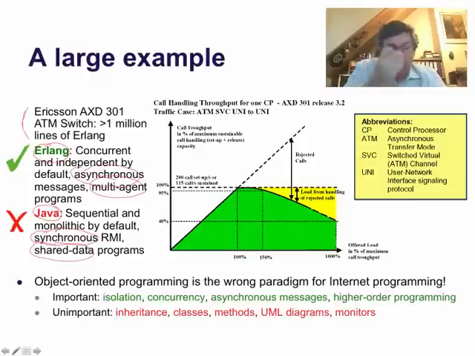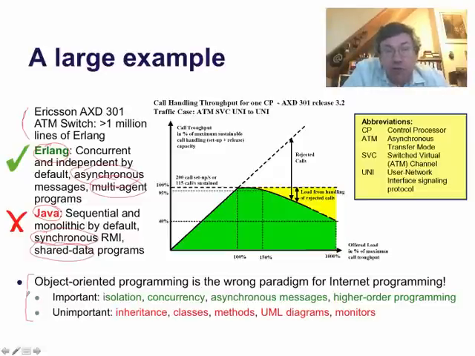It turns out that Erlang is a much more appropriate paradigm for a system like the AXD 301 than Java. And in fact, one can say that object-oriented programming is the wrong paradigm for internet programming. It's not solving the right problem. The concepts of object-oriented programming are solving other things. They might be good for business applications, but they are not good for internet.